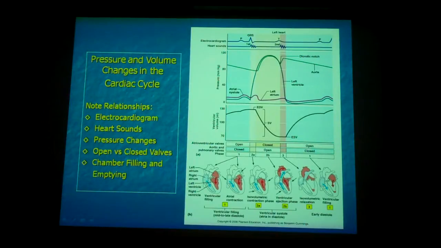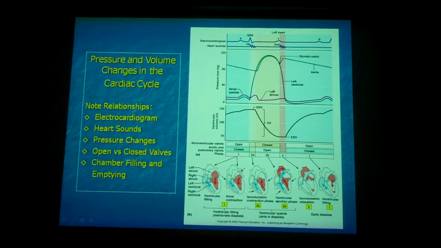Now remember, we did not see a deflection in here for atrial repolarization, did we? But it's happening. It's just hidden in the QRS. The QRS is stronger, so it hides the atrial repolarization. All right? So now our pressure drops right here.